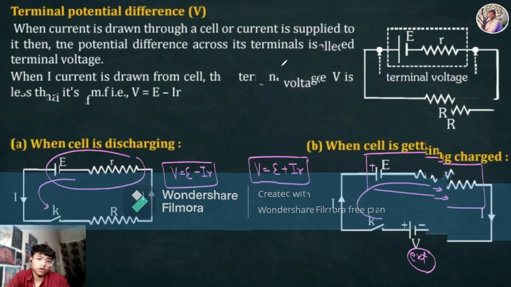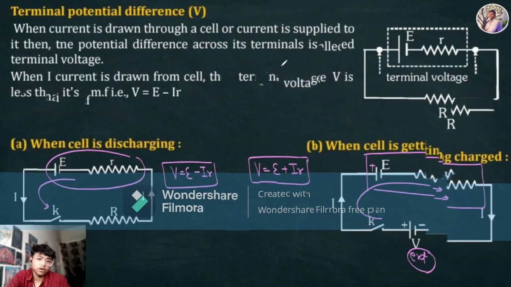Firstly we write 10, and the current I and the loop are in the same direction, so we take minus I into 2. The same thing applies for the 4i.